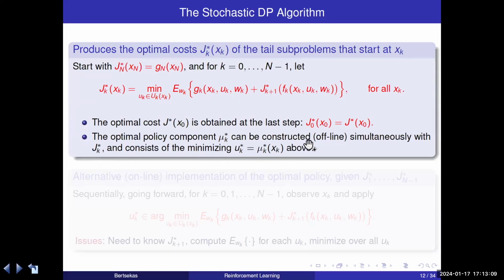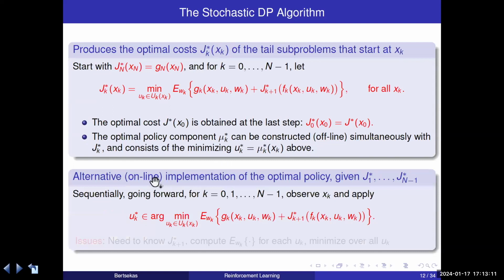On the other hand, it's also possible to implement the optimal policy online by going forward, starting at the initial state, observe that state, and do this calculation, go to the next state and do this calculation again, and so on. So this is the difference between offline training and online play implementation using the results of offline training.